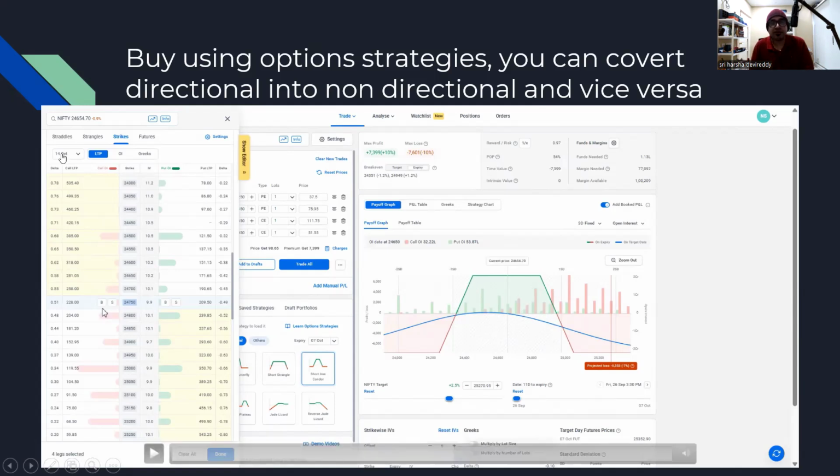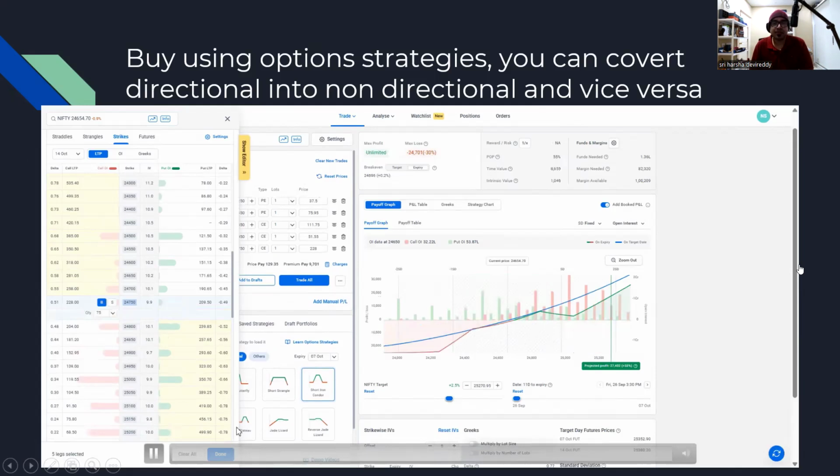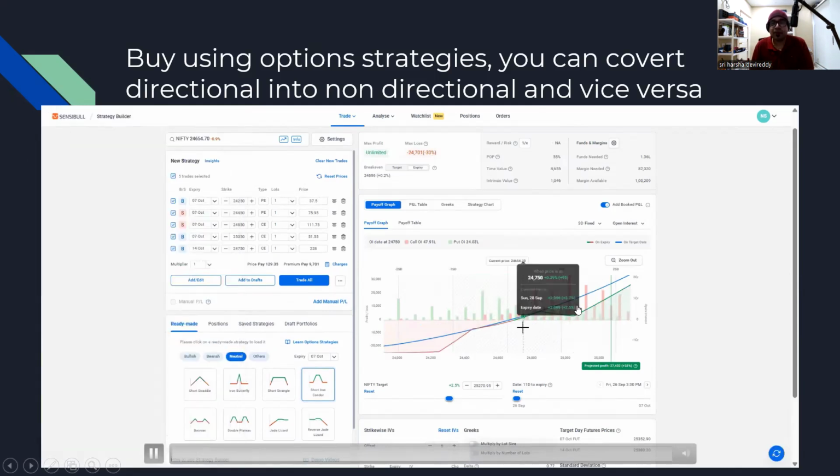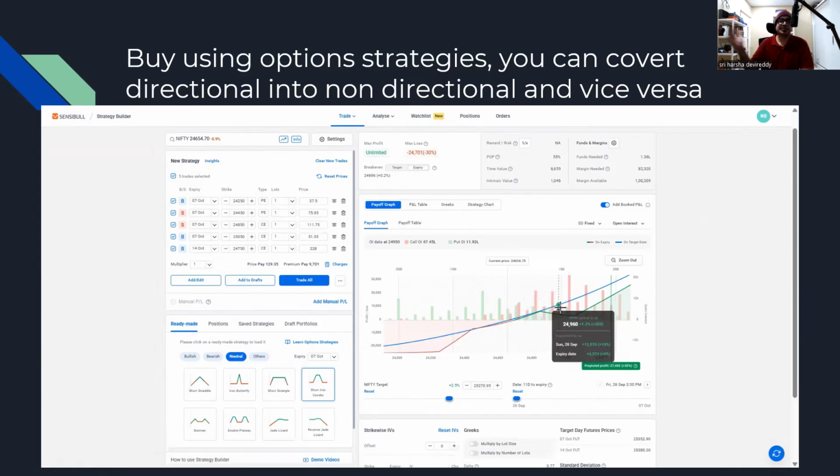Then I will go to the next week, 14th October. Here the price is rising, so I will buy a call for next week. Now I will make money as the price increases. As the stock increases, I'll make money. I have converted a non-directional strategy into a directional strategy.